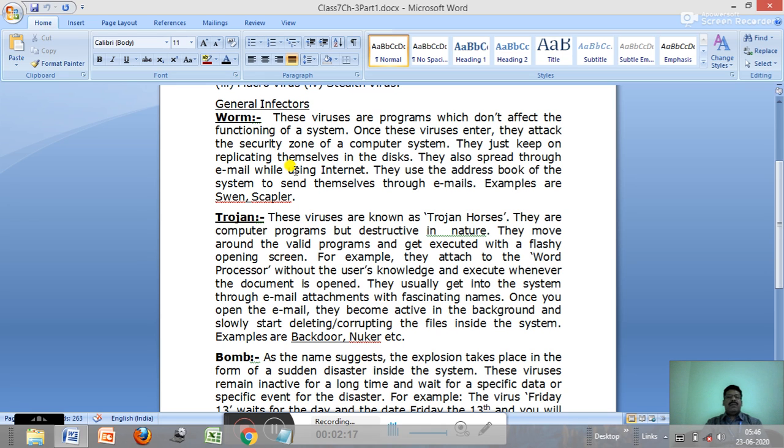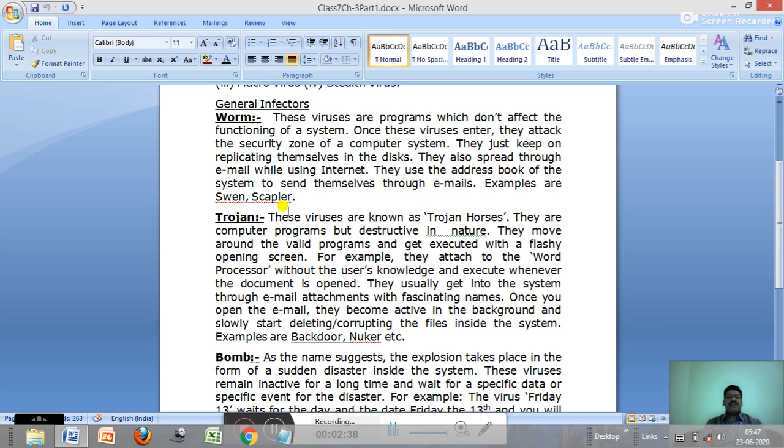If you open that mail and if it has the virus connected, then the virus will be transferred to your computer and the computer will become virus infected. So they use the address book of the system to send themselves through emails. They use the computer's address book and send the mail to others.